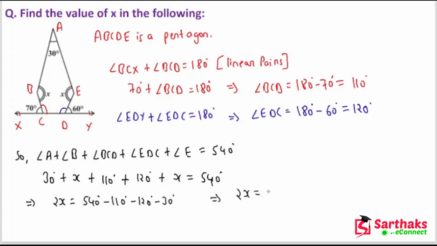So 540 minus 260 degrees we will get as 280 degrees, right? Dividing both sides by 2, we get x equals 140 degrees. So the value of x is 140 degrees. So this was the question on angle sum property of a pentagon.